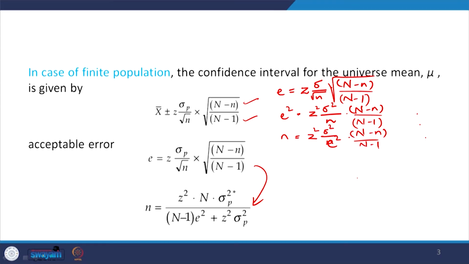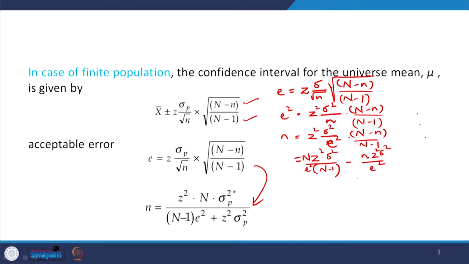Let me further follow by multiplying this. Let me multiply by N here: N times z squared sigma squared, divided by E squared times (N minus 1), minus small n times z squared sigma squared over E squared.